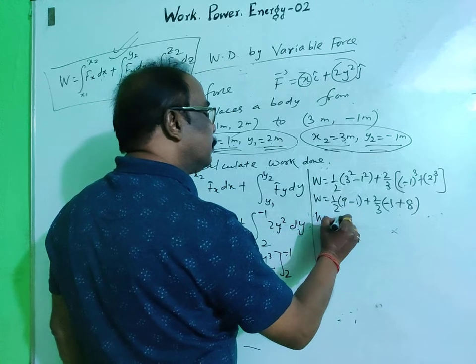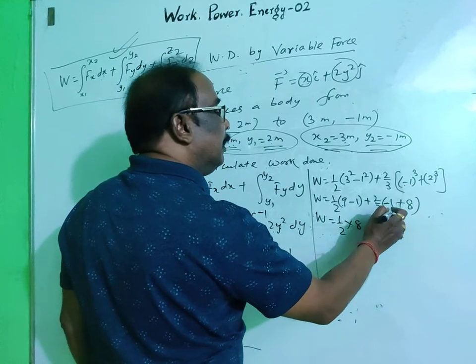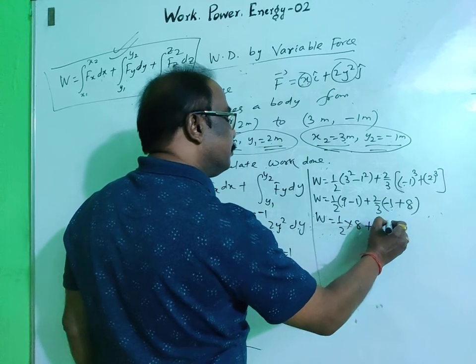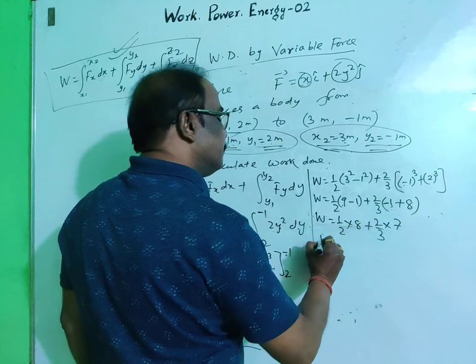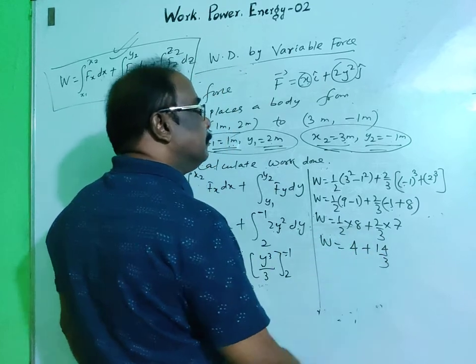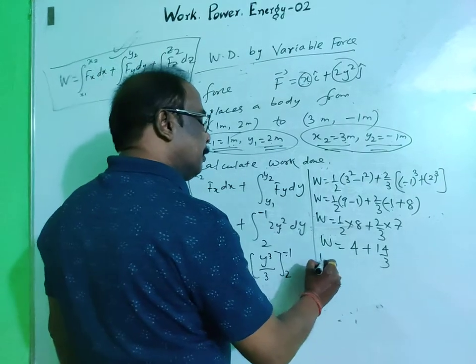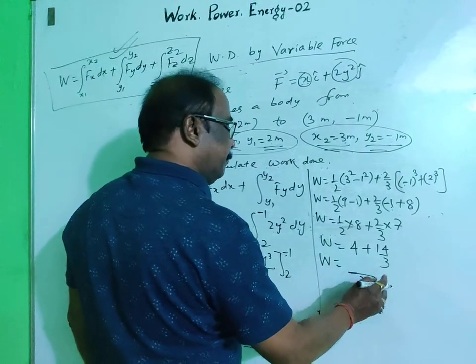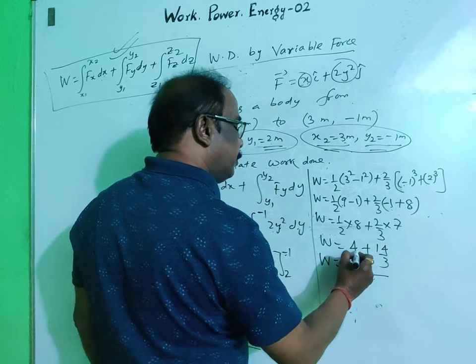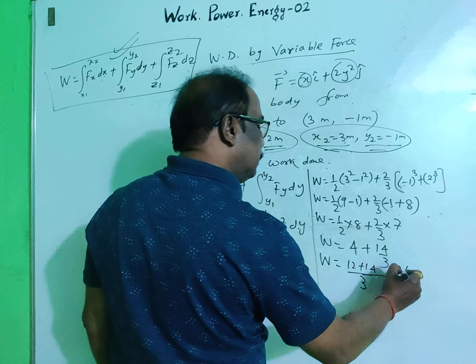Then work is equal to 1 by 2 into 8, plus 2 by 3 times the bracket. 8 minus 1 is 7. Then work is equal to 4 plus 14 by 3. Just calculate. LCM is 3. 3 into 4 is 12, plus 14, 26 by 3.